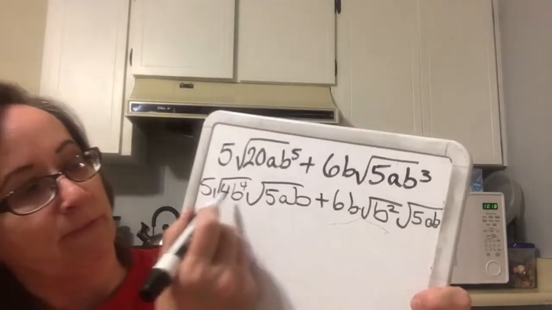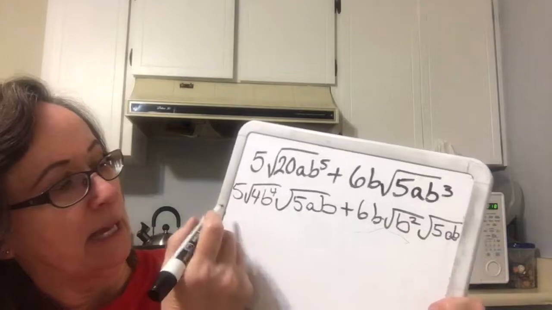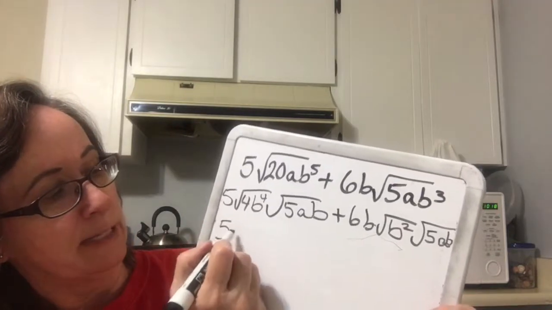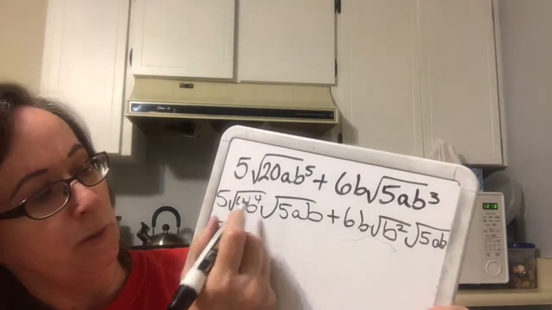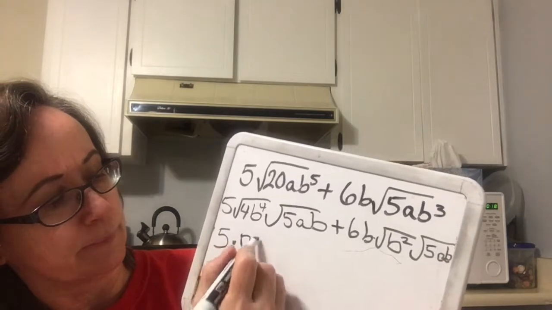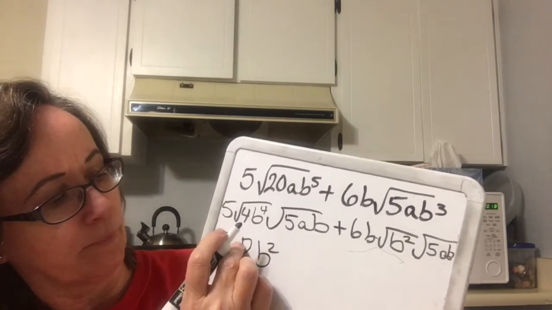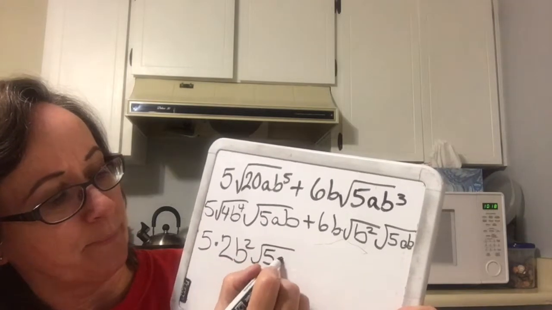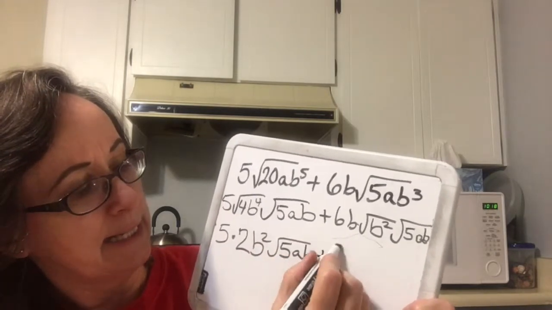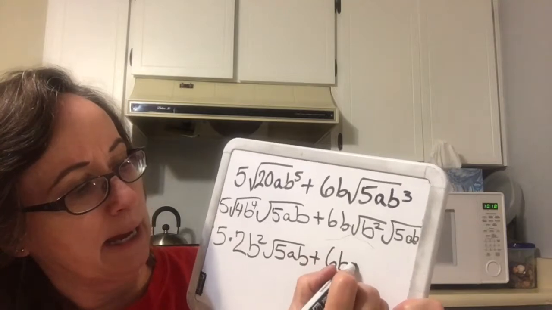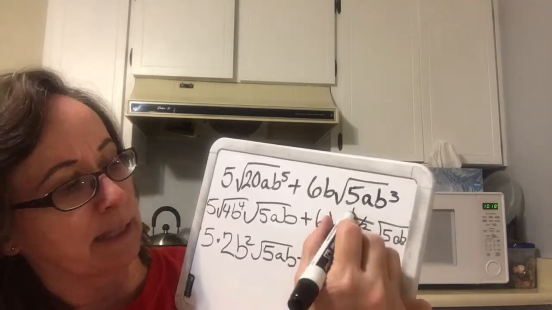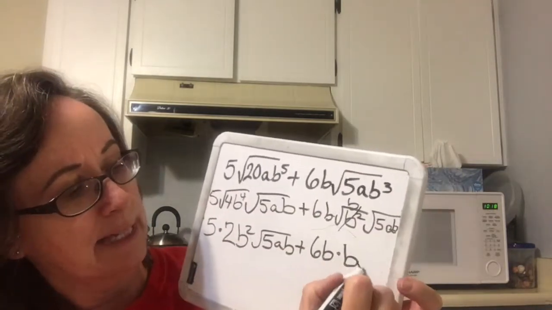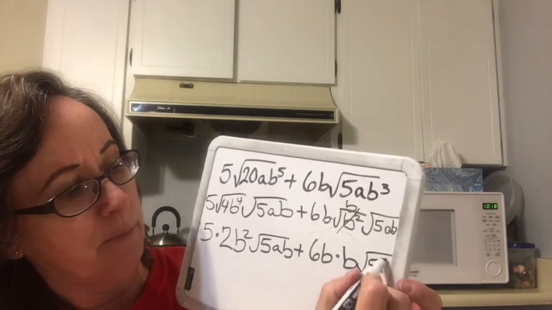So now when I finish simplifying this one, I'm going to wind up with 5 times 2b squared square root of 5ab plus 6b times b, because this one's going to come out as a b, and then tack on the 5ab.